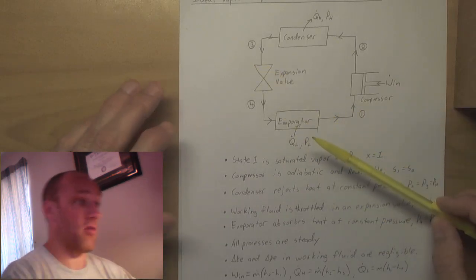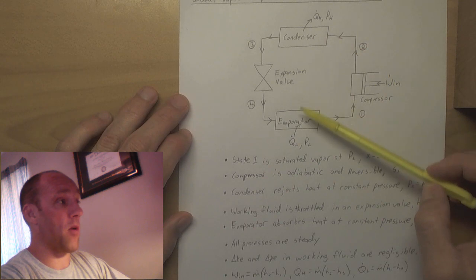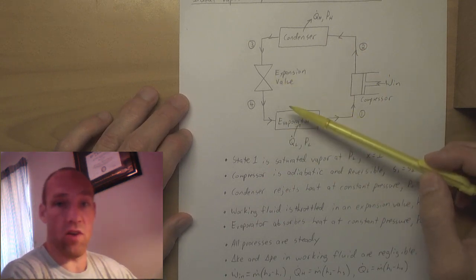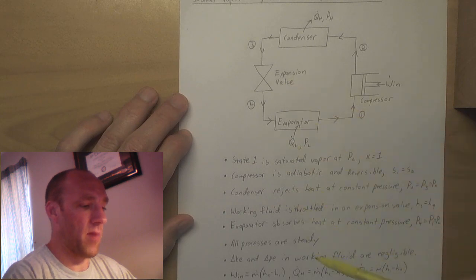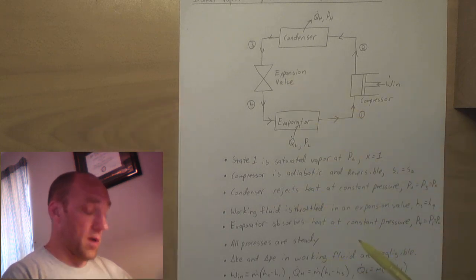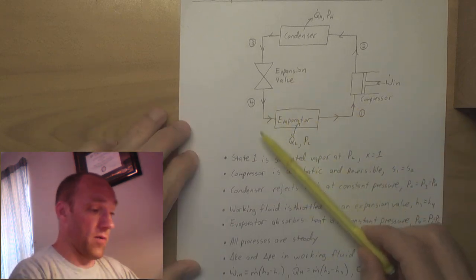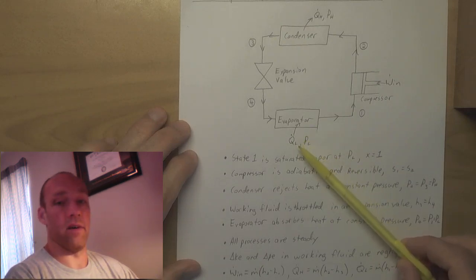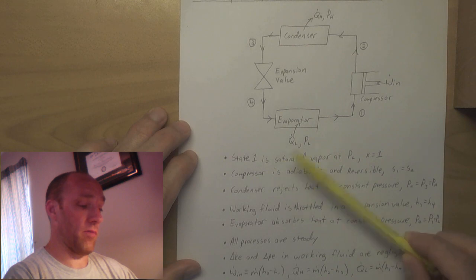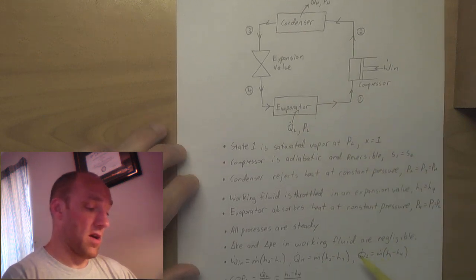The pressure changes, right? It goes from the high pressure to the low pressure, but the enthalpy doesn't change. And there's no work or heat interaction in the expansion valve. And then the evaporator accepts heat at the low pressure, and then the cycle continues.